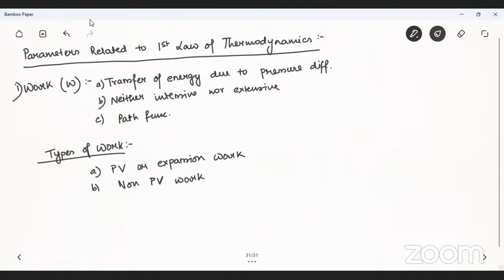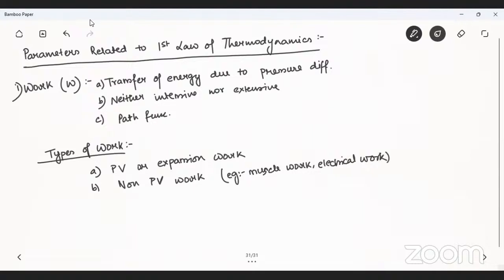This is something not present in your books, but for numericals, to understand where to use PV and where not to use PV, that is the reason I'm writing. Like muscle work or electrical work.